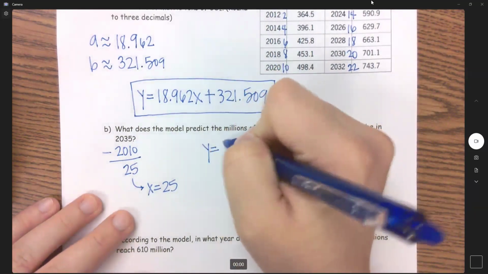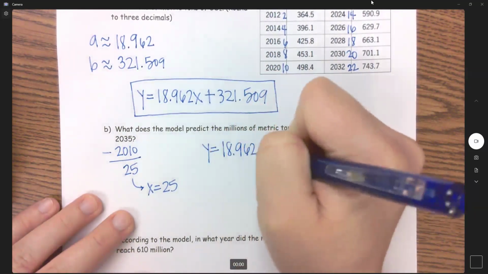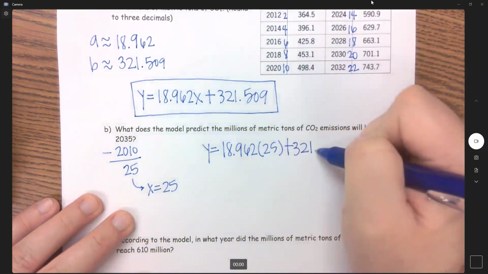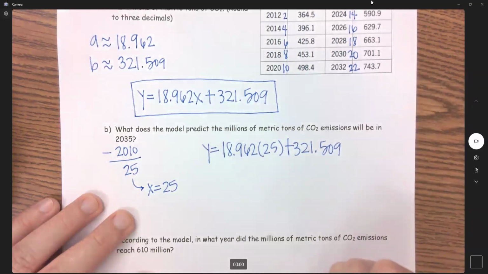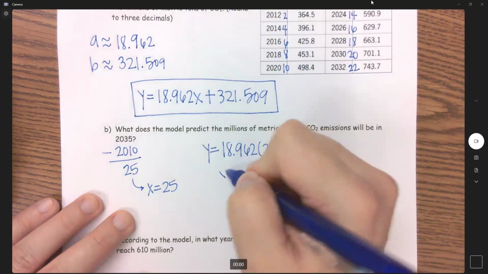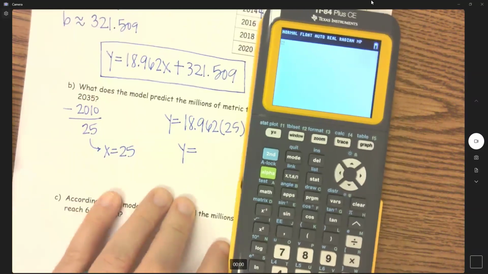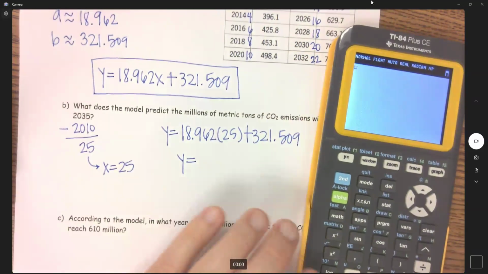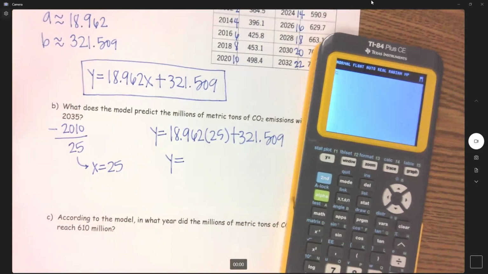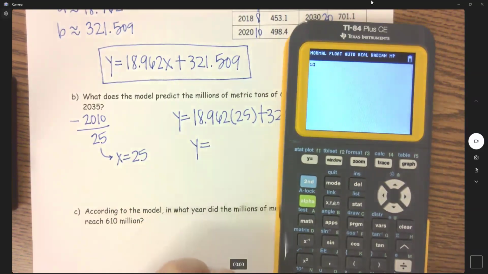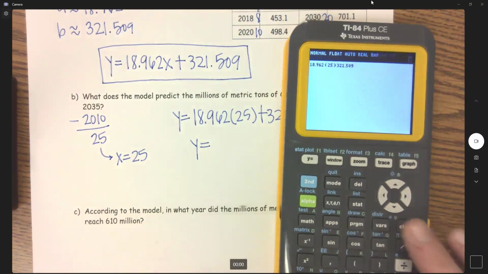You can just use this equation, it's not a bad one, and plug in 25. So we would get y equals 18.962 times 25 plus 321.09. And so therefore, y equals, let's see, okay. Oh, that's really small.